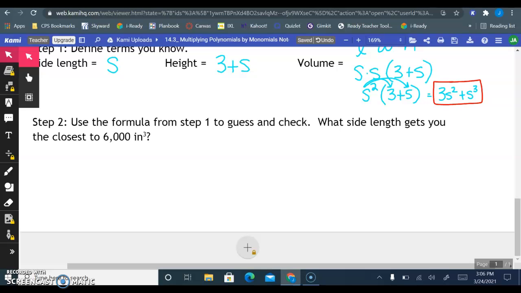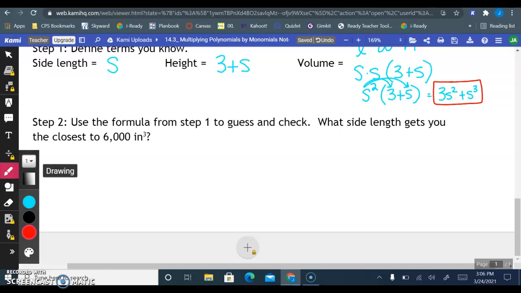What side lengths get you closest to 6,000 cubic inches? So I'm just going to pick a random number. I'm going to pick 10. So I'm going to do 3 times 10 to the second power plus 10 to the third power. And when I plug that in the calculator, I get 1,300. So not quite big enough.